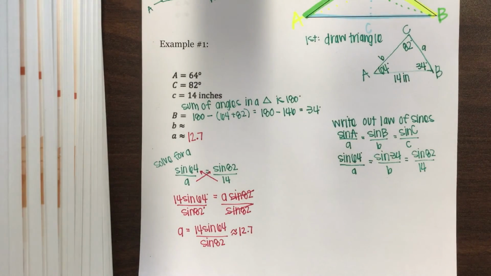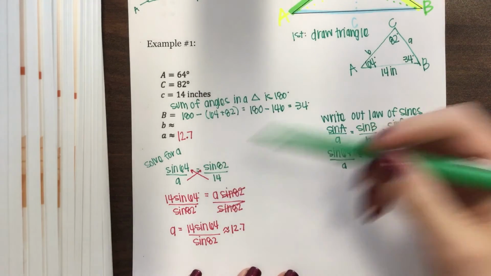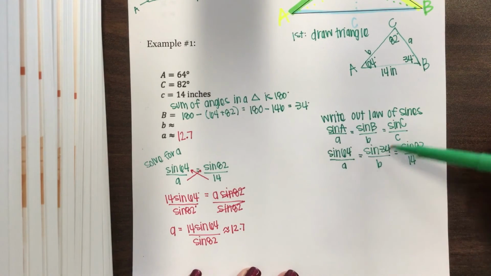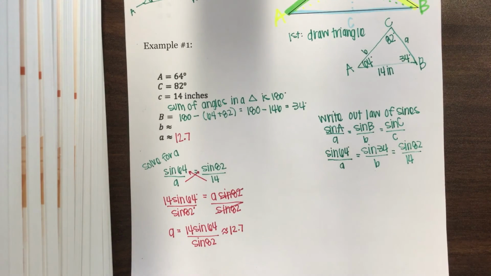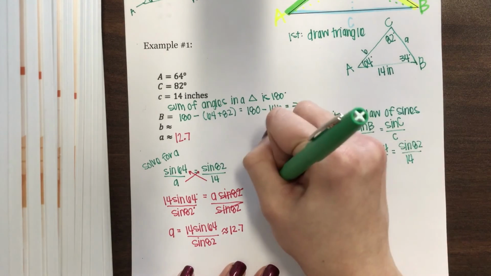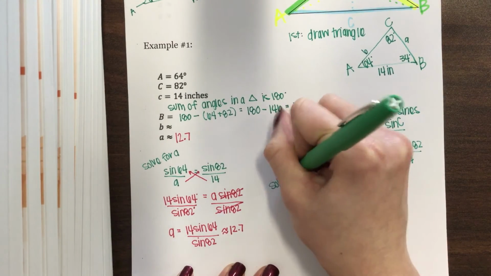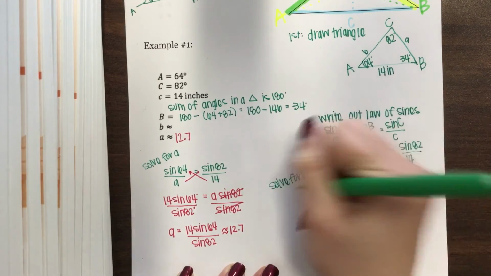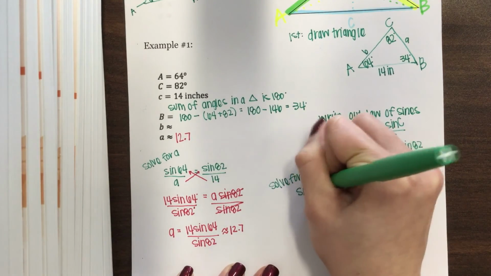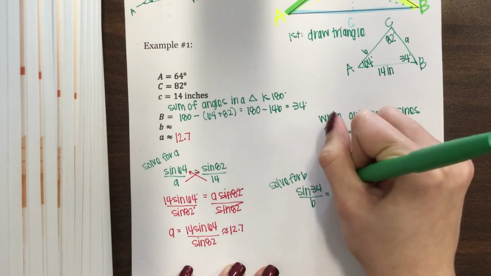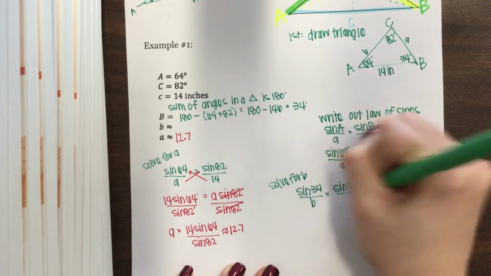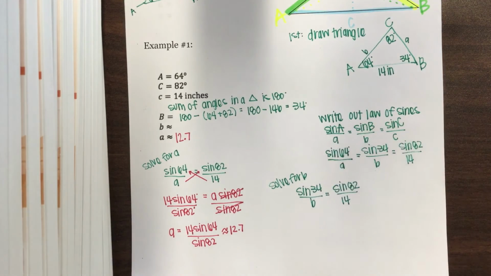So when we're solving for B, now we can use this fraction and this fraction, or this fraction and this fraction. I'm still just going to use sine of 82 over 14, since 14 is a whole number, it makes it a little bit easier to work with. So when we're solving for B, we're going to have the sine of 34 over b equals the sine of 82 over 14.